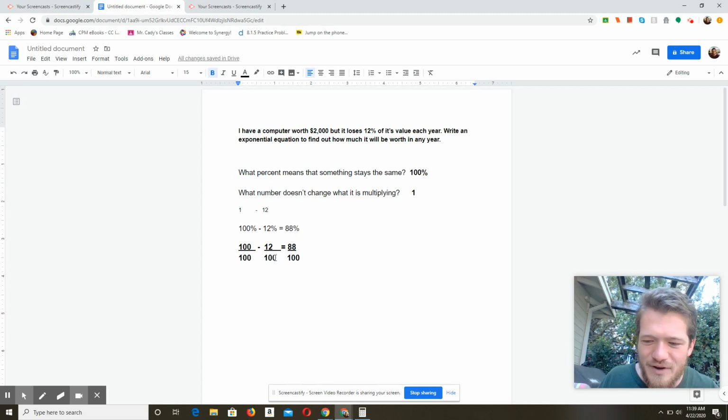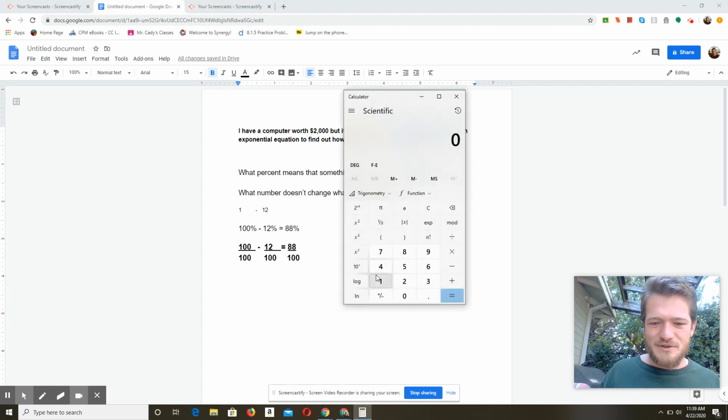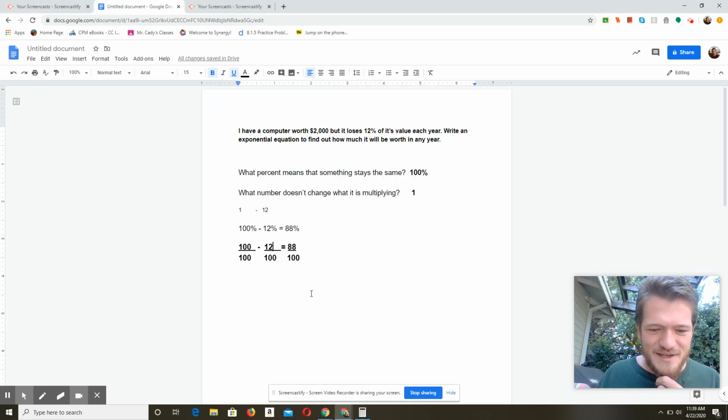So 12 over 100, if you know the trick about moving the decimal over, that's great. But if you don't, you could use a calculator. 12 divided by 100 is 0.12. If the decimal was here, dividing by 100 makes you move the decimal over 1 and 2, and there's the decimal point. So that would be 0.12. I'm going to make these a little bigger.